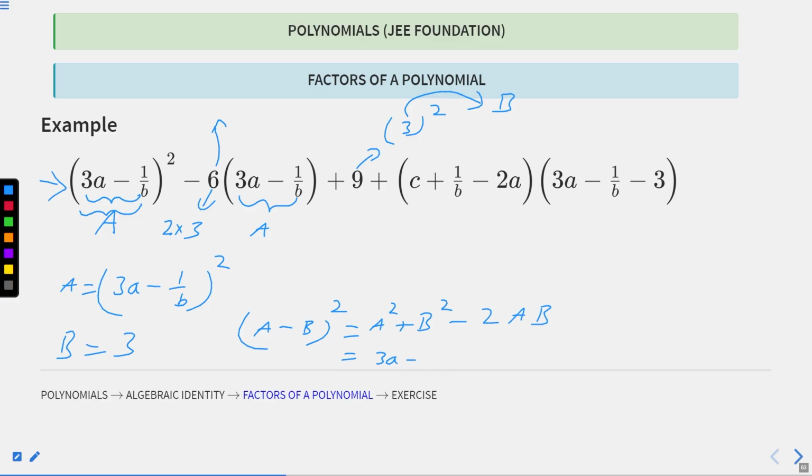A is my (3a minus 1 by b) whole square, plus b is just 3, so 3 square, minus 2 times (3a minus 1 by b) times 3, and this will give me here the 6. Okay, here 6, and this will turn into 9, and this remains untouched.